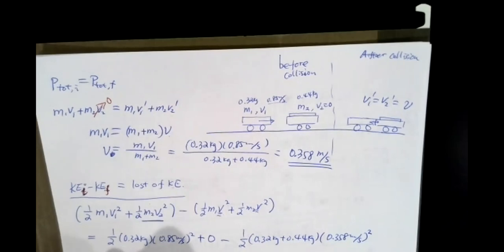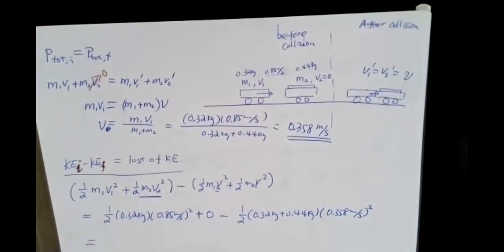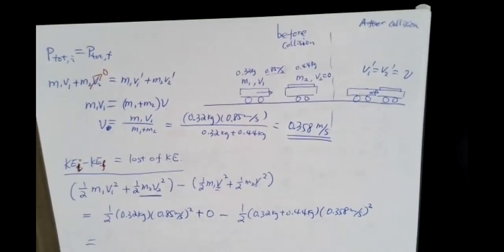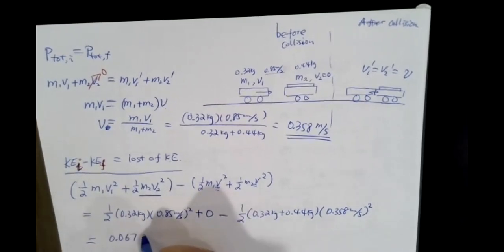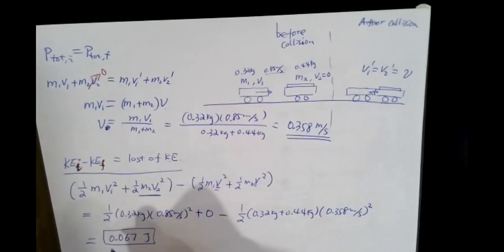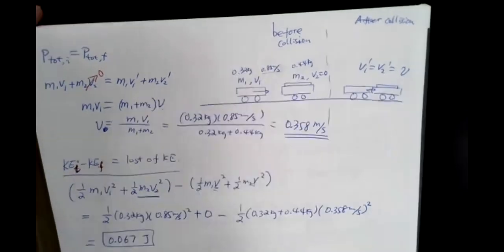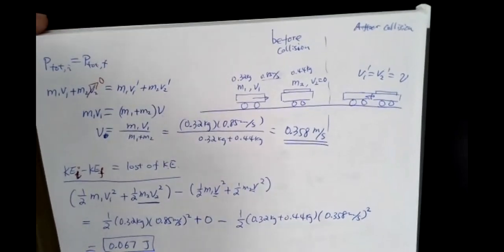So then that gives you the loss of your kinetic energy. It's going to be 0.067 joules. If you are looking for a change of kinetic energy, then it will be minus.